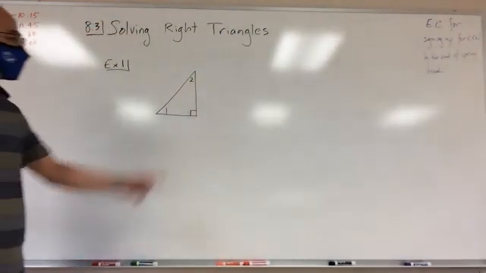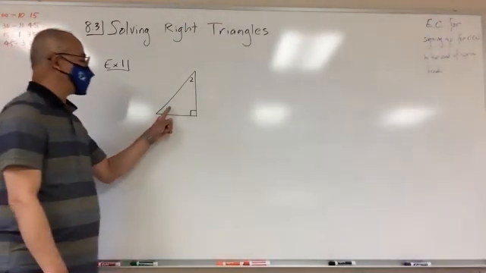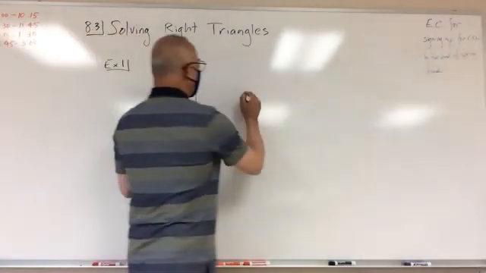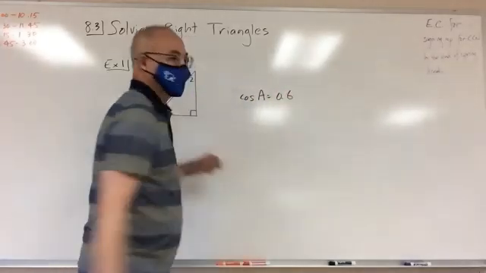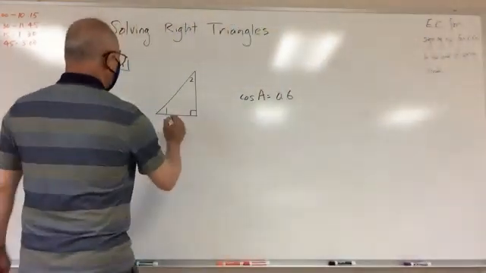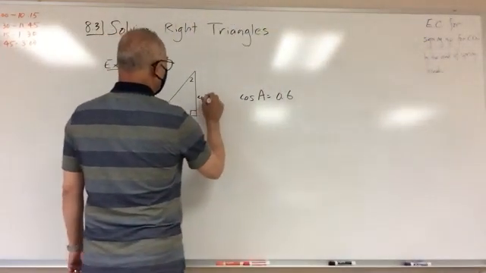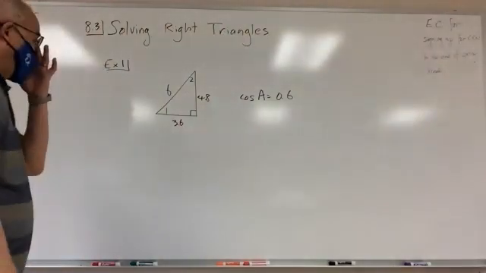It's definitely not this guy because this guy's 90 degrees. So it's either this guy or this guy. I've been given that cosine A is 0.6 and I have measurements here. I have 3.6, 4.8, and 6.